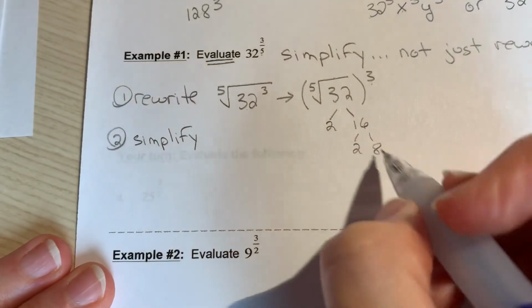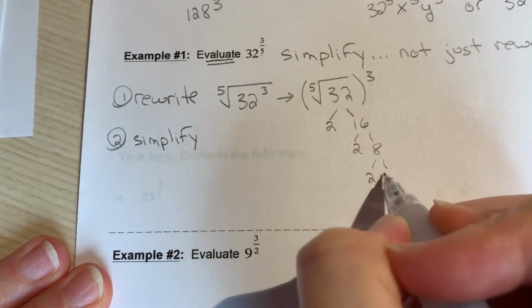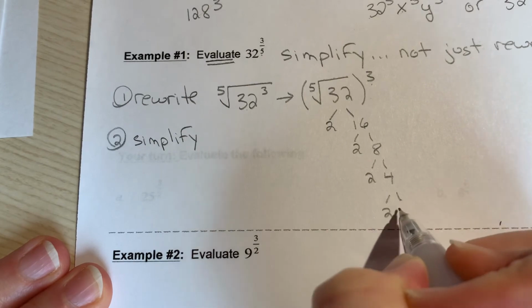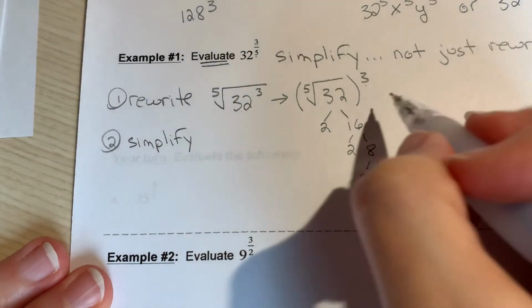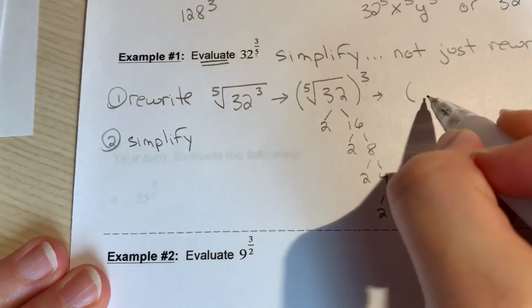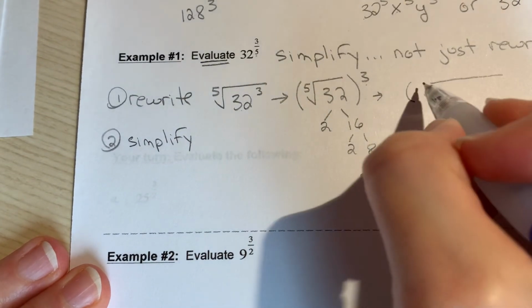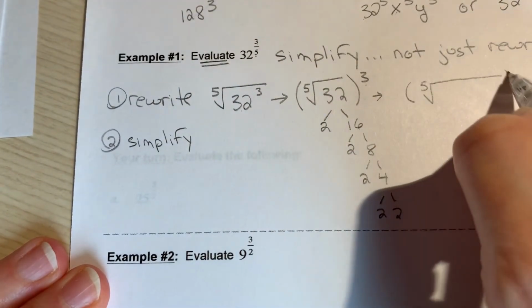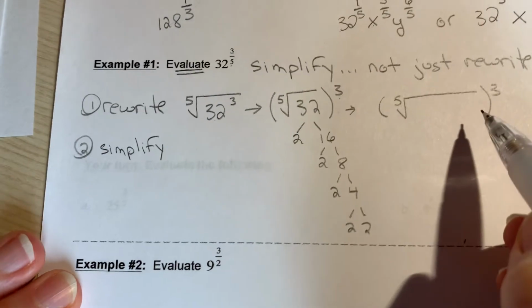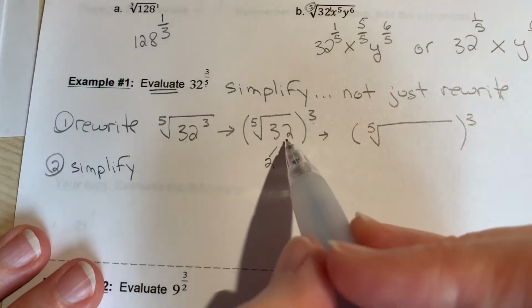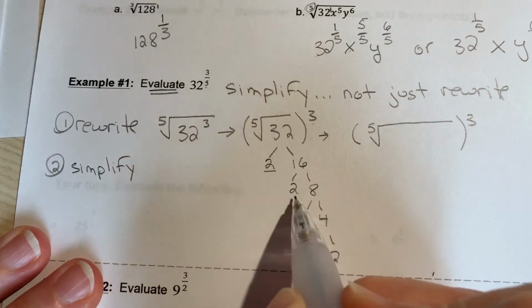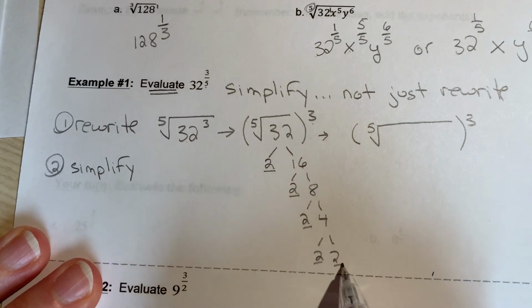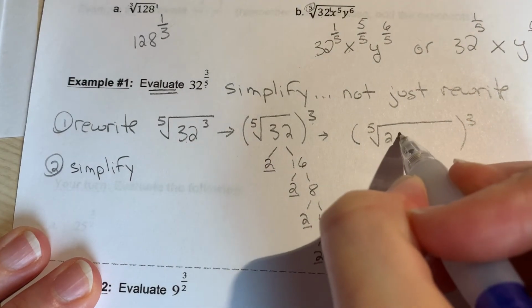If it's even, I just like to do this 2, 2, 2 thing all the way down. So there's my tree. So I can rewrite this as, notice I'm keeping it in those parentheses, keep it wrapped up. Don't forget that 3 on the outside. But the 32 is the same as 2 times 2 times 2 times 2 times 2. So that's 5 2s.